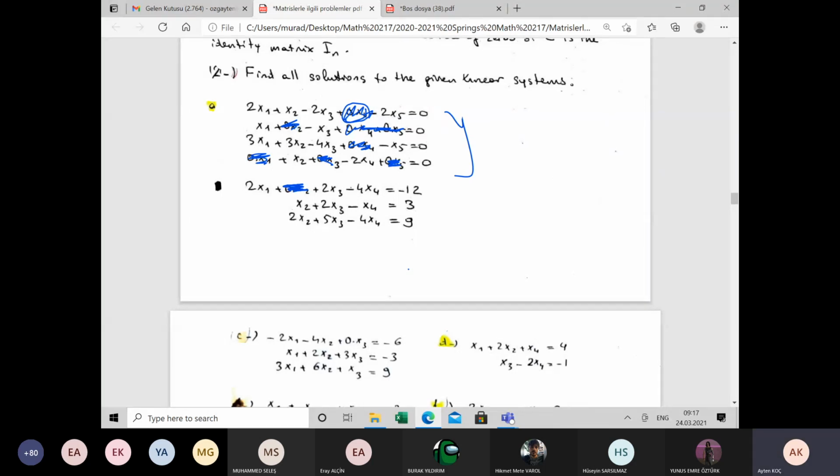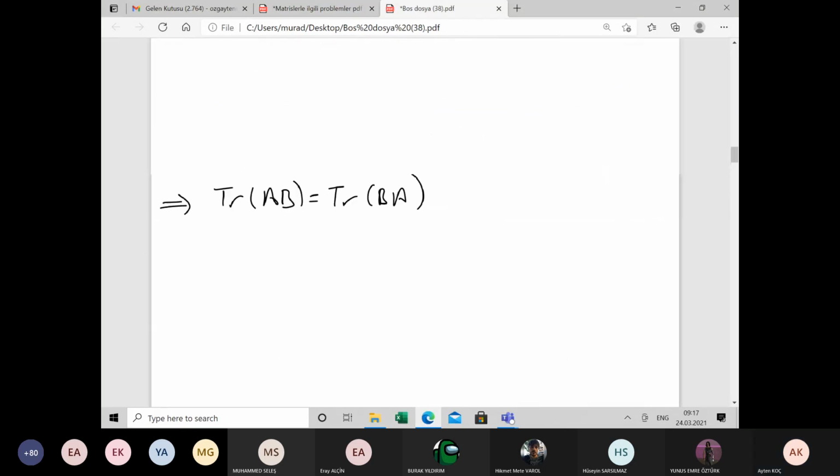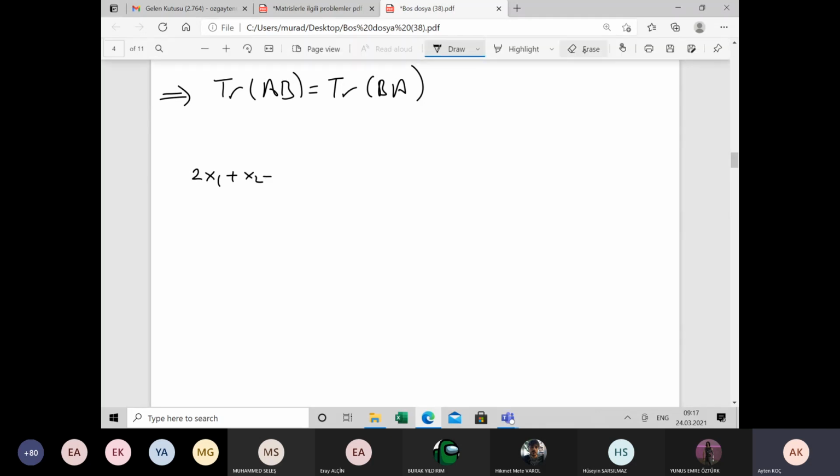Let's write our system here. The first equation: 2x1 plus 2x3 minus 4x4 equals 6.